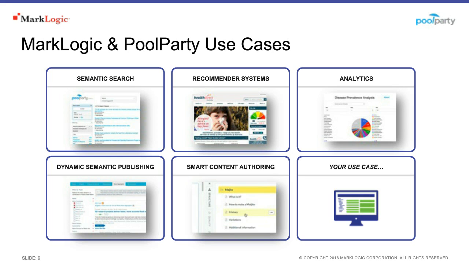The recommender systems can cover, for instance, the discovery of similar documents. It could also be a personalization service on top of the graphs describing the users and the documents. Analytics typically is exactly what we've been talking about before.